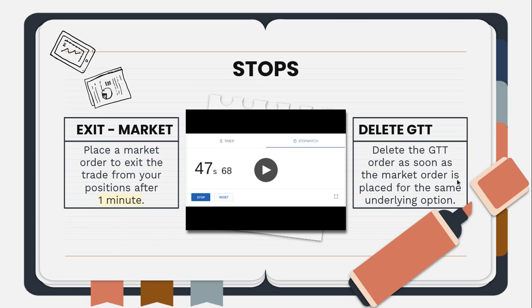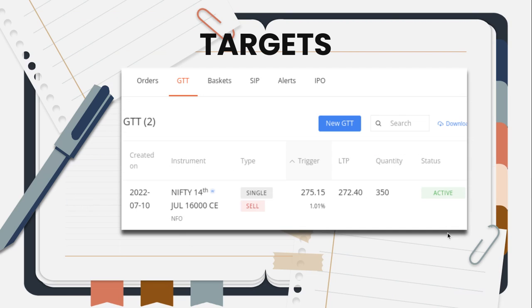Now the targets. You can see the target here. For example, for my trade which I placed earlier, the GTT trigger for 1% is 275. That is for 272, the trigger price would be 275, but the LTP is 272.4.